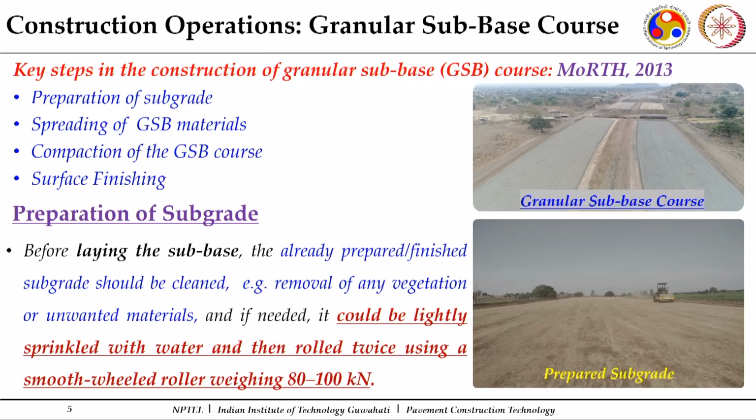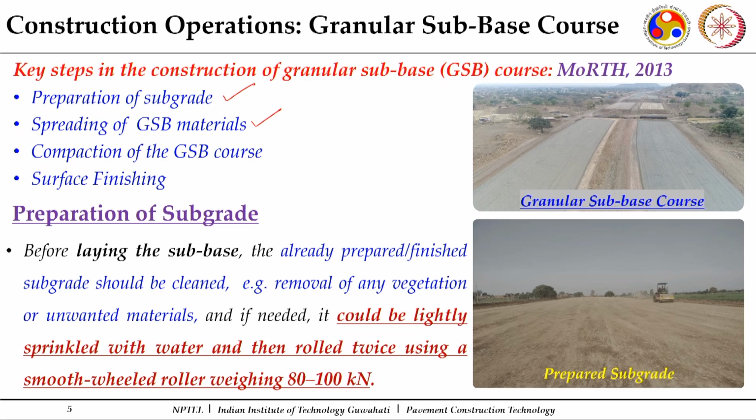So, when we are constructing a granular sub-base course, there are some key steps involved which need to be carefully checked and monitored. The first one is preparation of the subgrade over which your granular sub-base course has to come up. Second is spreading of the granular sub-base course material, whatever material you have selected and designed, which has to be spread or laid in layers over the prepared subgrade.